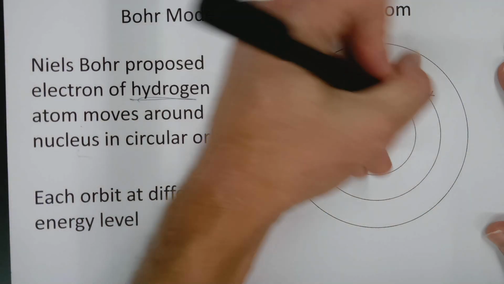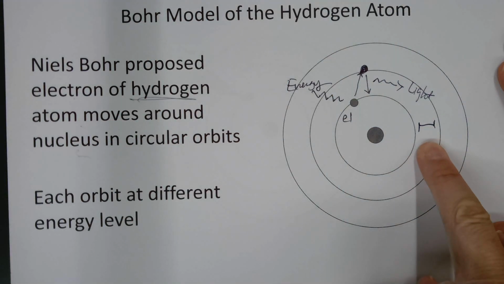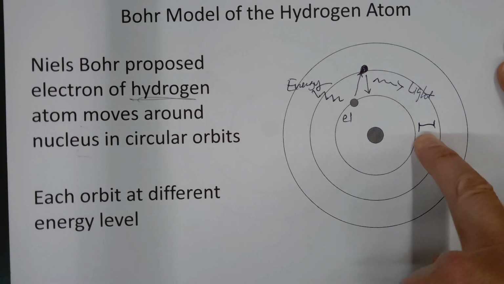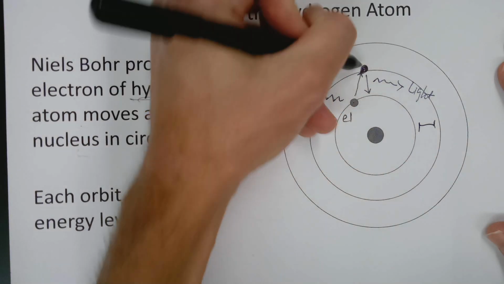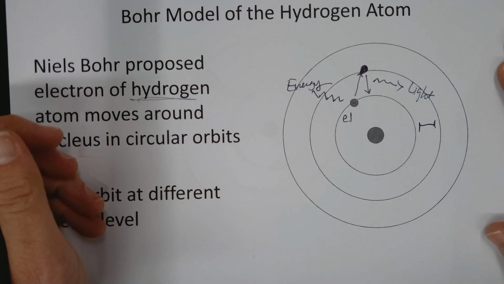This change in energy corresponds to a certain wavelength of light that we can see, and that's why we always see the same wavelength, or the same color, because there are distinct, specific energy levels that the electron can exist at.